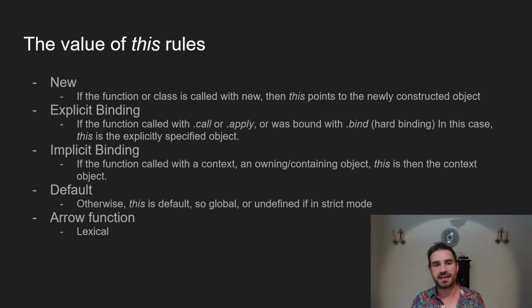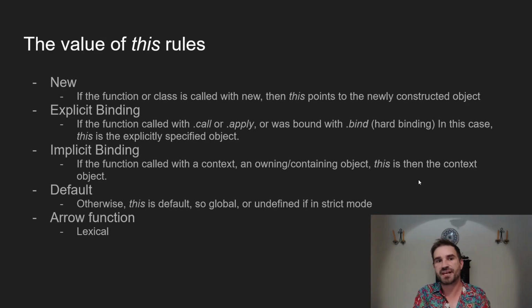Implicit binding: if there's no explicit binding, then it would be the context, so anything to the left side of the full stop is my context, and that's going to be the value of this.